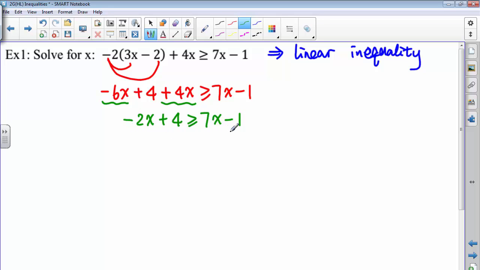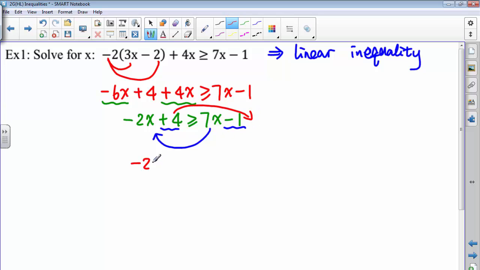For the linear inequality, we never move all the terms to one side and leave one side to be 0. For this inequality, we need to isolate the x term from the numbers, which are also called constants. So I will move 7x to the left side and move positive 4 to the right side.